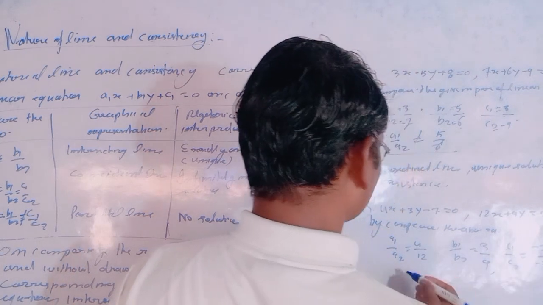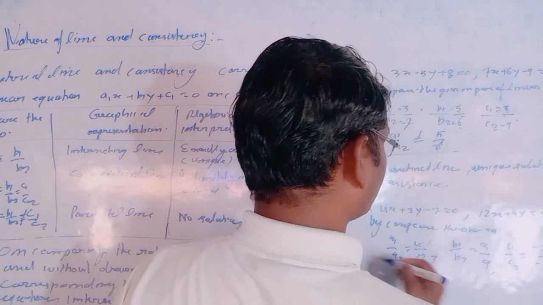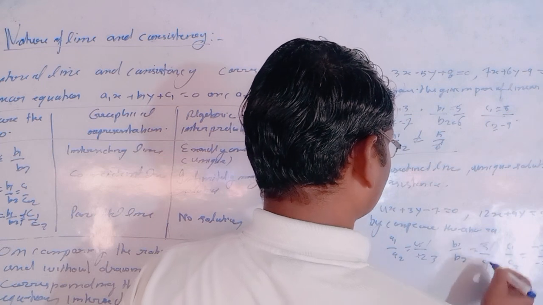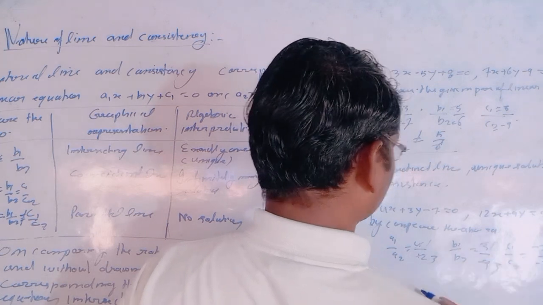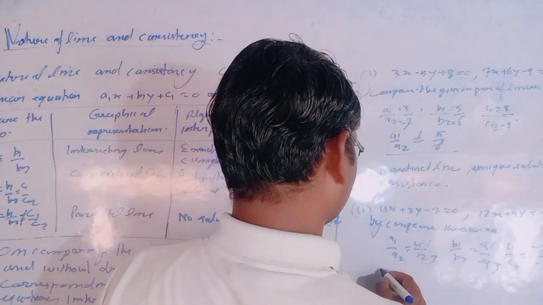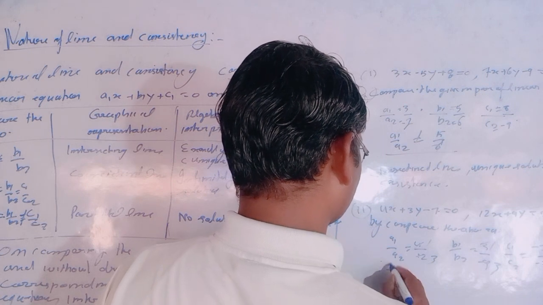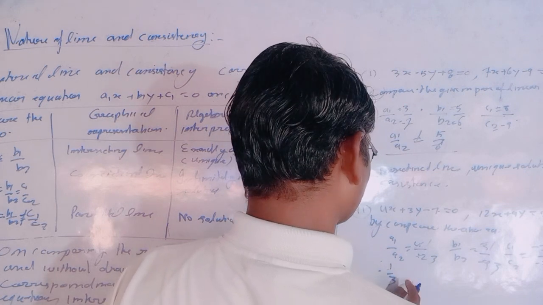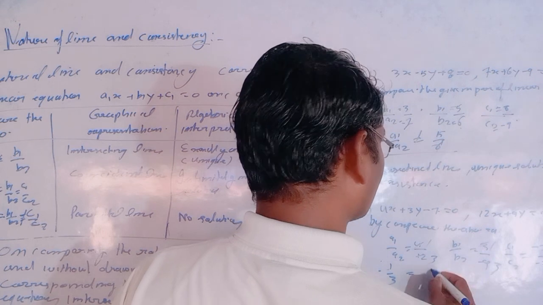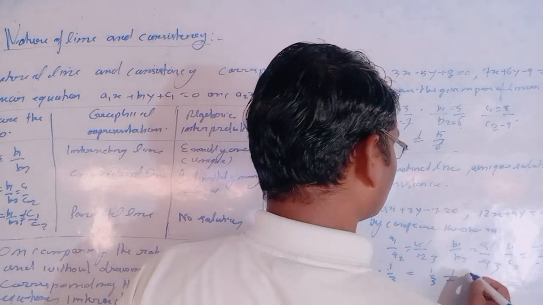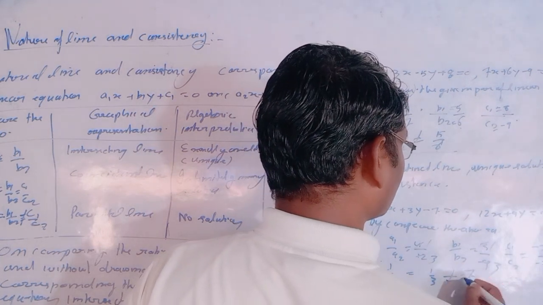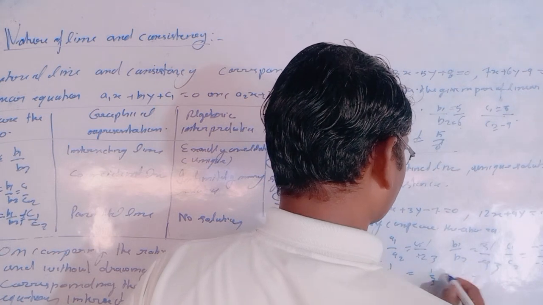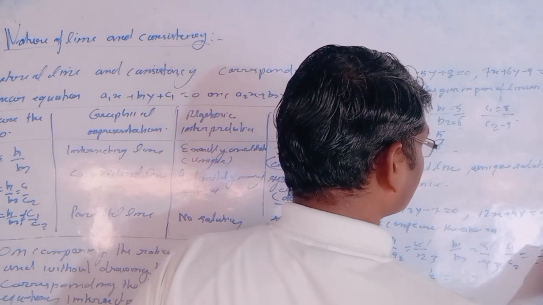So 4 ones are 4, 4 threes are 12; 3 ones are 3, 3 threes are 9; and 7 ones are 7, 7 threes are 21. So each ratio is 1 by 3.